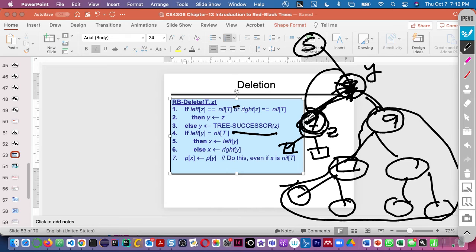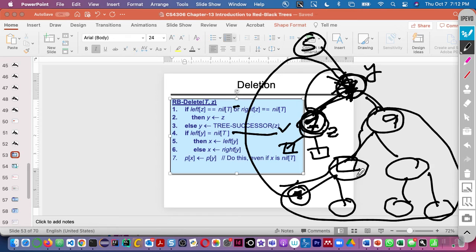This is g, and the tree successor will be this value, right? The lowest value from the right side, this value will go here. This is the successor. This is what this part of the algorithm says.